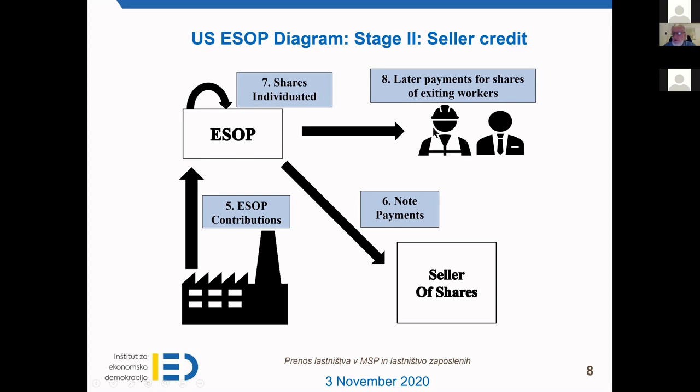The workers that have been there longer will see some cash, and those shares are then redistributed to the existing workers according to salary, if that's your criteria. And when new workers come in, they automatically get shares at that stage. If the note is already paid off, then when you start rolling over the shares, they will get them there. So new workers are automatically brought into ownership as this goes on.